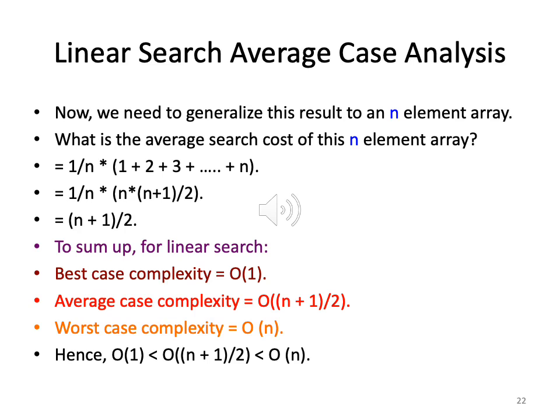So in this way, we can also look at the average case complexity. Which means there's no way it will take less than one comparison, and no way it will take more than n comparisons. And on average it takes n plus 1 by 2 comparisons.